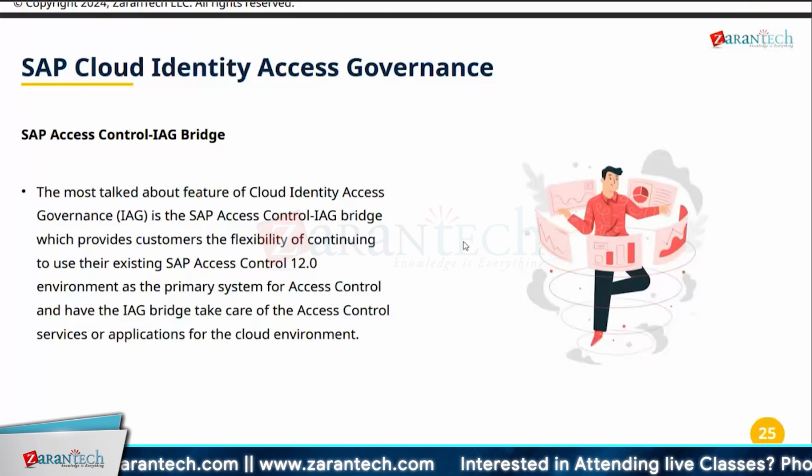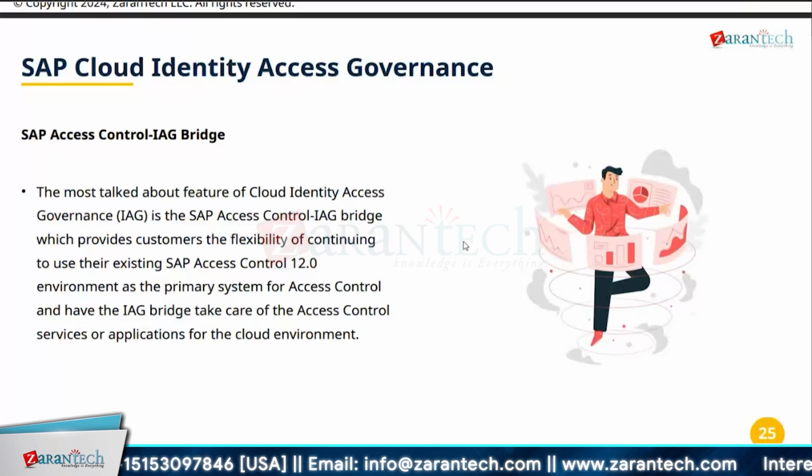So if I try to give you one scenario, you will still be raising a request in your GRC, and then that request will go through all the approvals or the SOD checks. SOD checks for cloud will definitely happen in IAG, but the initial approval, say a manager stage, happens in your GRC. Then if there is any provisioning required in your on-premise applications, it happens in GRC. Then if it detects that, okay, a cloud application is also there, it will just send a message to your IAG.